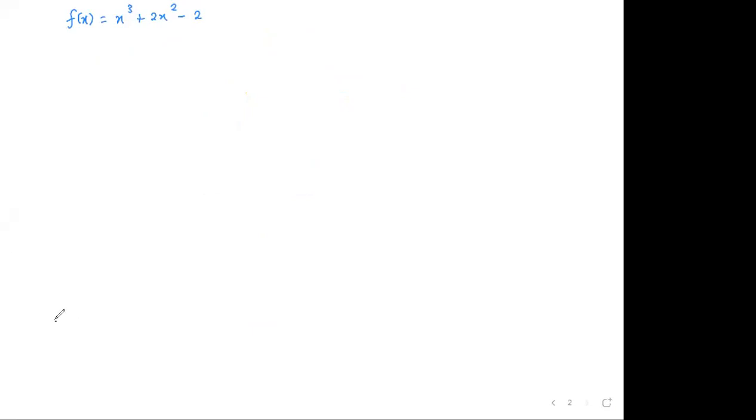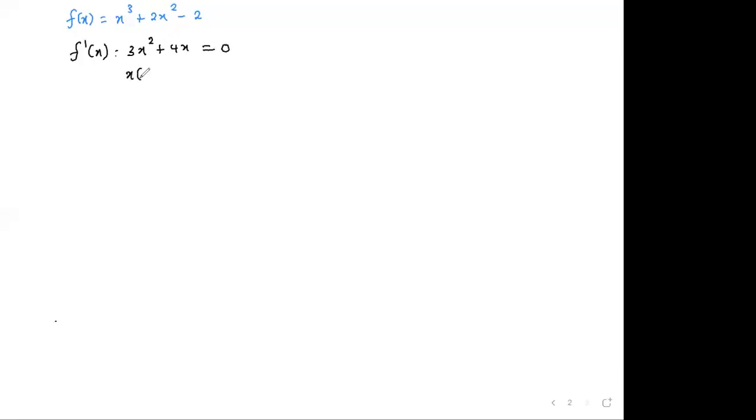Okay, so to answer a question of this kind, find the interval where it is increasing and decreasing. The first thing you do is you find the derivative of the function. So you differentiate, you get 3x squared plus 4x. Remember, the derivative of a constant is 0. After you differentiate, you equate the derivative to 0 and solve the equation.